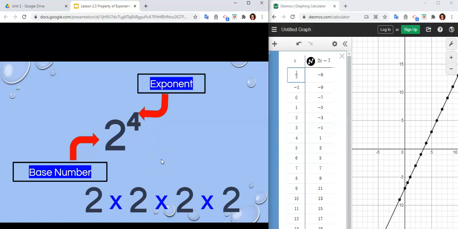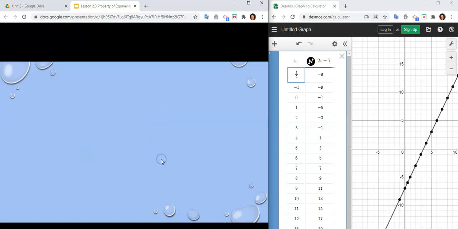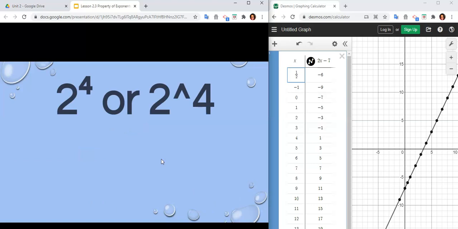It tells me how many times to multiply the base that it is attached to. Sometimes we get a little confused about how to say these statements. We have 2 and then an exponent of 4. Understand that both ways of saying it mean the same thing.